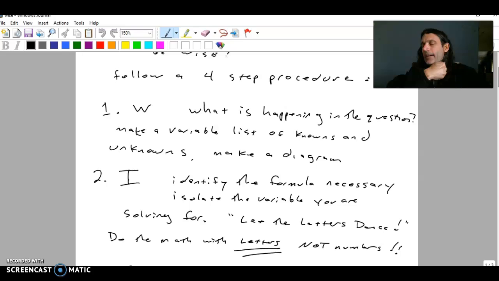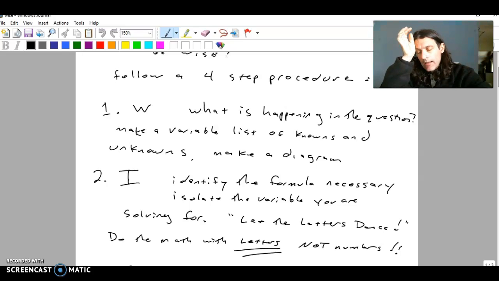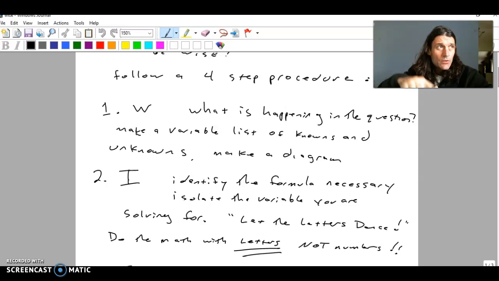The I in WISE then stands for the identification of whatever equation you're going to use. Now, this kinematics section is going to have 5 of them, so the ability to identify the correct equation is a good skill to have.